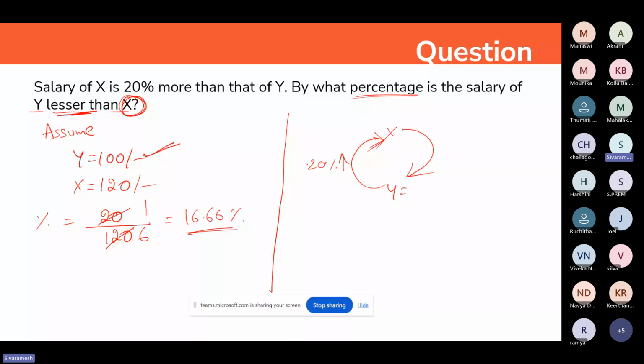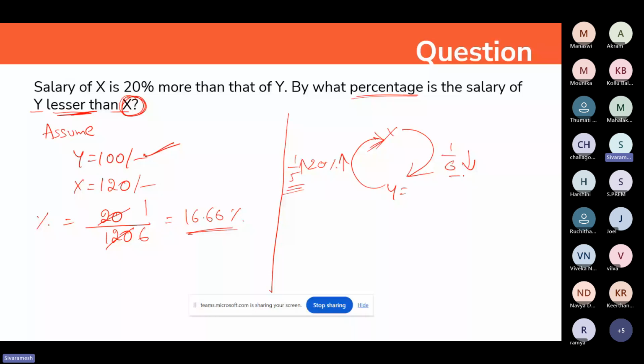So 1 by 5 increase means how much should get decreased? 1 by 6 should get decreased, according to the logic that 1 by n increase equals 1 by n plus 1 decrease. So 1 by 5 increase means 1 by 6 should get decreased. So 1 by 6 means how much percent? 16.66%. You can solve it in this way also.